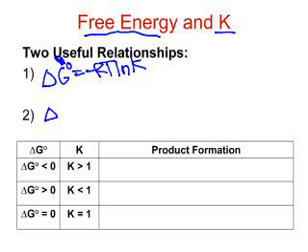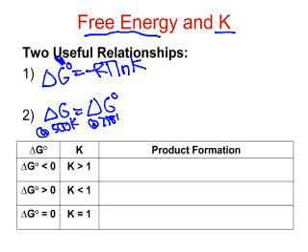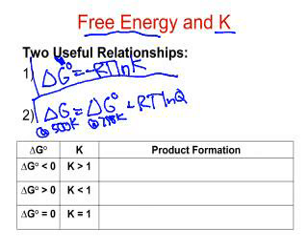If we're looking at something that is not at 25 degrees Celsius, say at 500 Kelvin, delta G is equal to the standard free energy change, which is at 298 Kelvin, plus R times T times the natural log of Q, the reaction quotient. This is not really that major. You don't have to memorize this. But the top one, number one, is extremely and extraordinarily important.